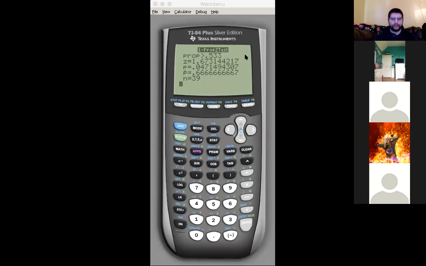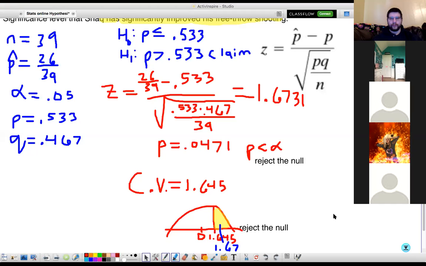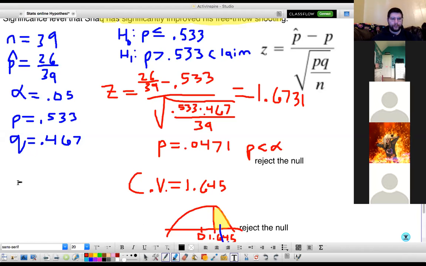All right. So now that we have both ways the p-value, we can write our conclusion. We rejected the null. The claim was in the alternative. That means there's enough evidence to support the claim.